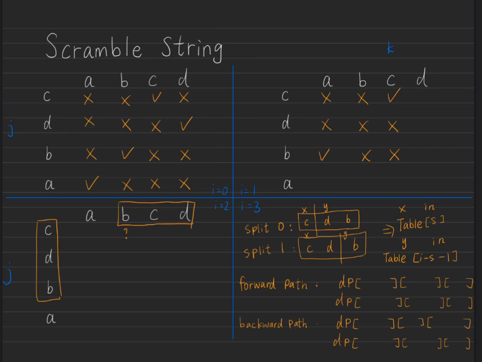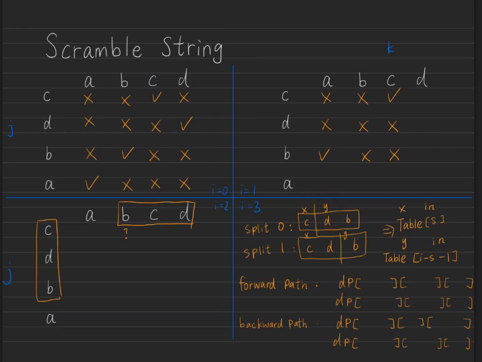We're trying to solve if the string BCD is a scramble string of CDB. There are two ways to split a string with length of 3. We can split it here or here. So let's use the letter S to denote the split index. When S equals 0, the substring X has a length of 1 and the substring Y has a length of 2.